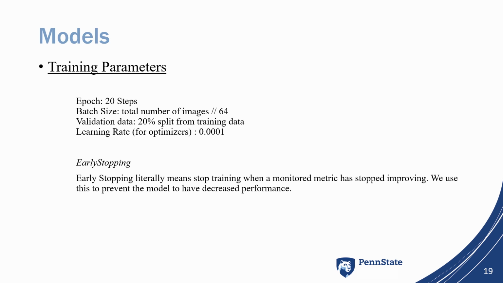We also use early stopping. Early stopping literally means stop training when a monitored metric has stopped improving. We use this to prevent the model from having decreased performance, and we monitor it through validation accuracy with patience set to 3 epochs.